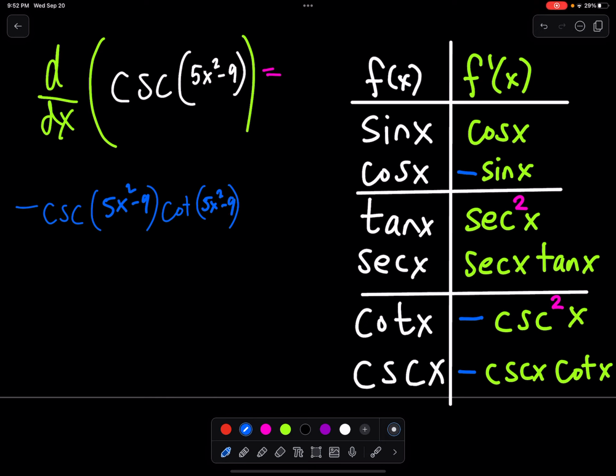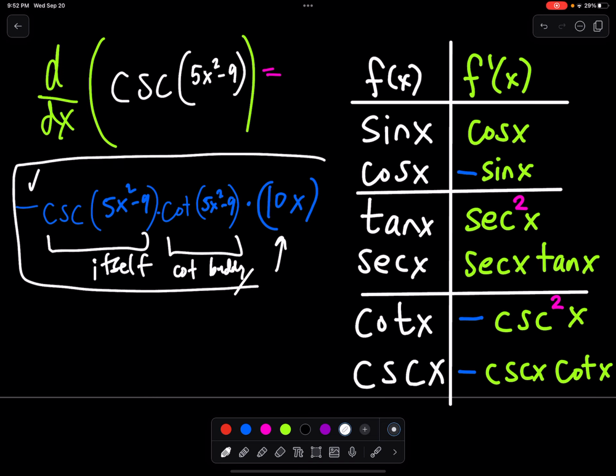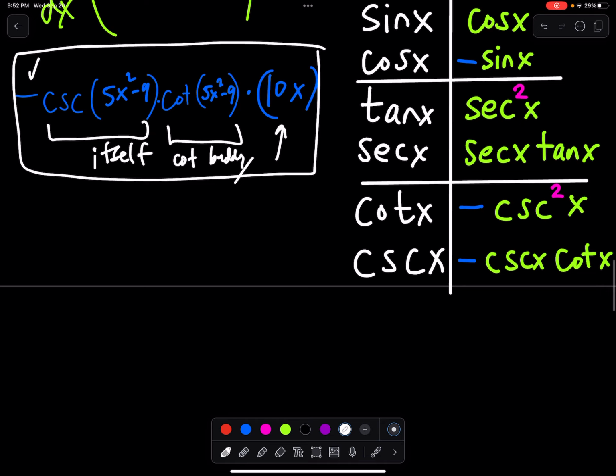Similar vibe to the last question. So those are multiplied together, and then you've got to chain rule it. The derivative of 5x squared minus 9 is just 10x. So again, we had the negative because it was a co. We had itself because it's a secant. We had its cotangent buddy or its tangent buddy. Make sure it's cotangent though. And then we have the chain rule. Bada bing, that's our final answer there.